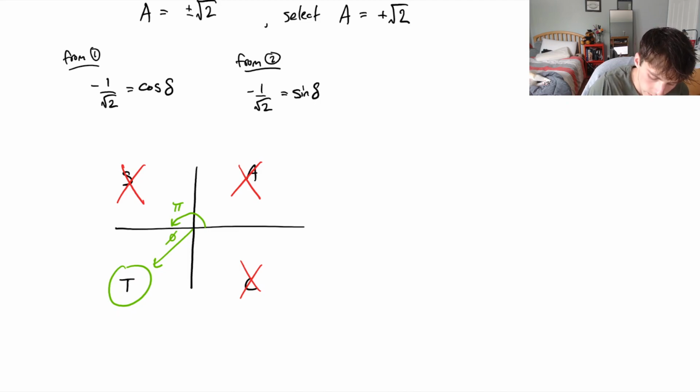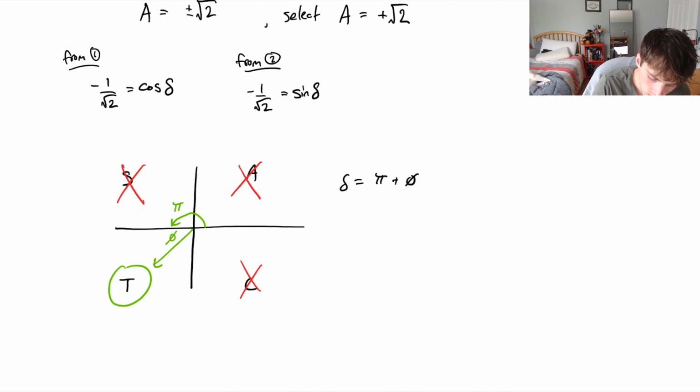So, I'll write here off to the side, delta would be equal to pi plus phi. Phi is just the angle that we solve for equation 1 or equation 2 in quadrant number 1. That represents phi. So let's look at this. We can solve equation 1 or equation 2 now to get that primary angle phi.